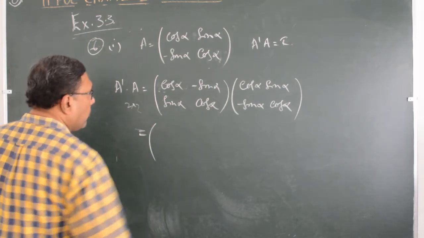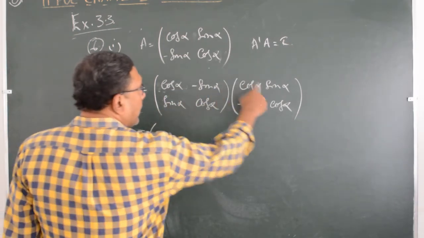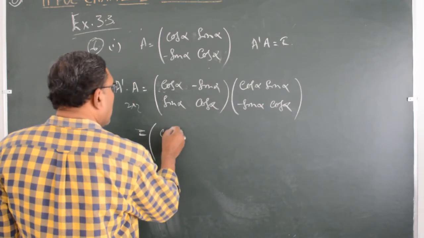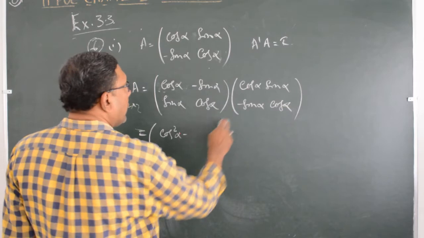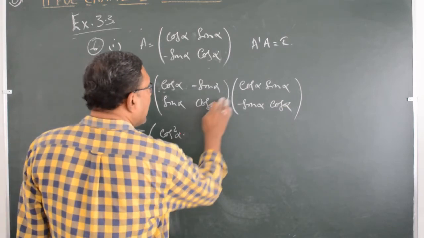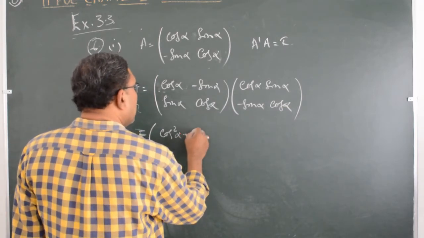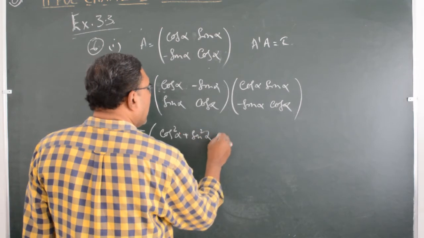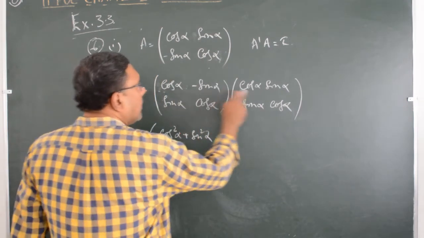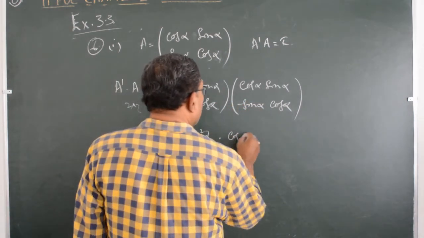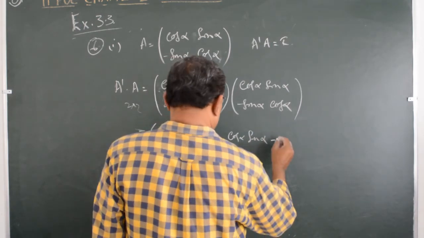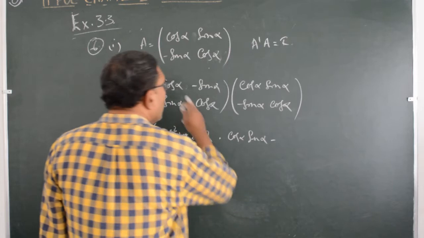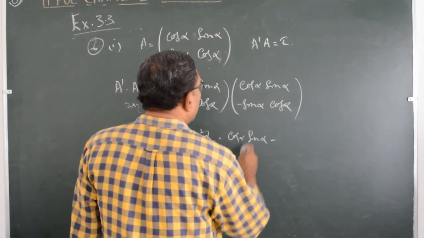What do we get? First row into first column, cos squared alpha plus sin squared alpha. Second, cos alpha sin alpha minus cos alpha sin alpha, right.